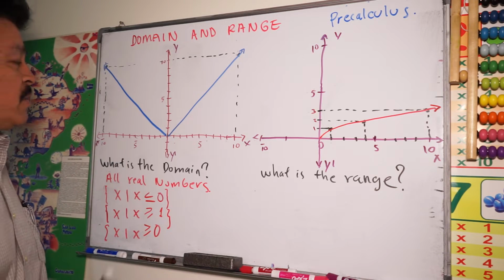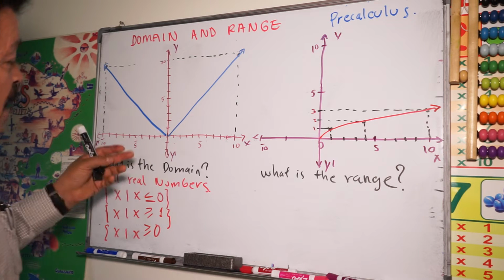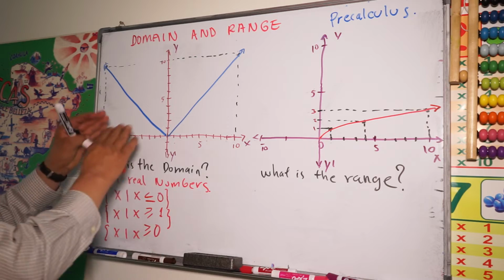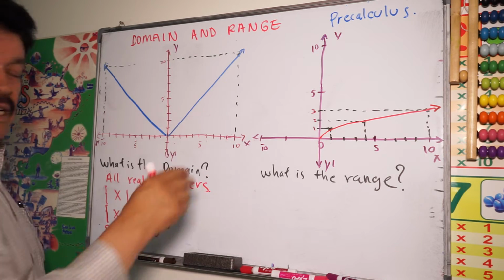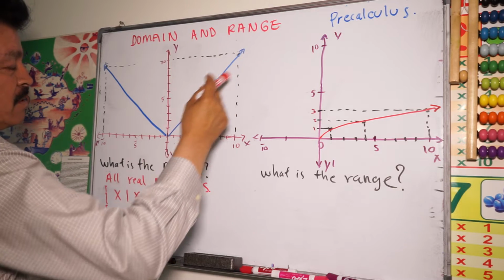What do you think is the right answer for the first graph about the domain? What is the domain? See the numbers, see how the graph spreads, from this side to the right side.